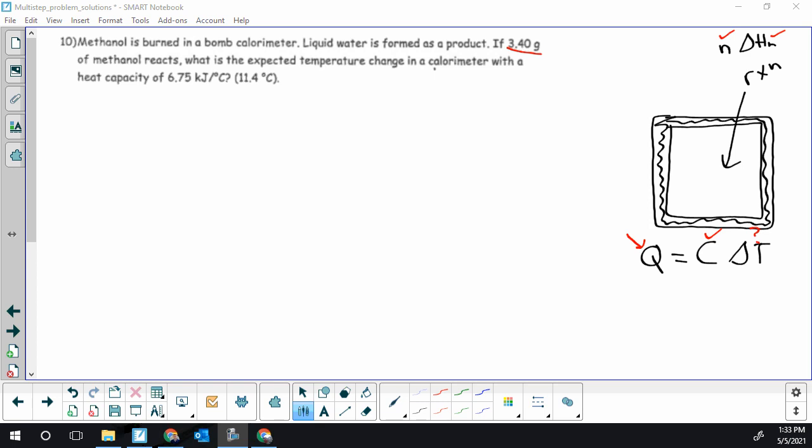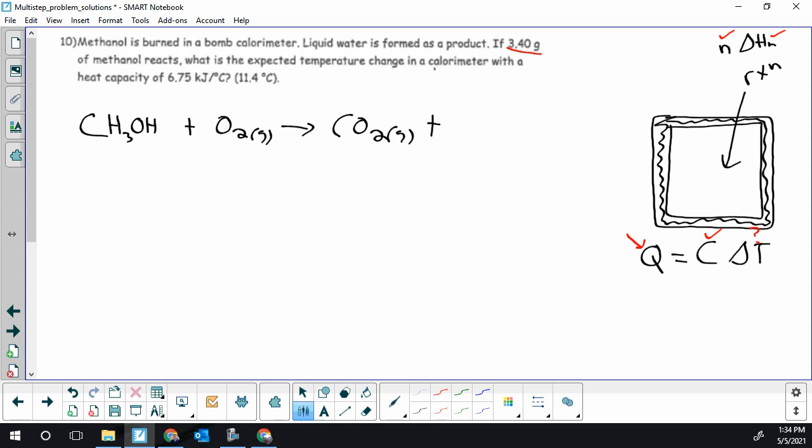So I'm going to get started with the balanced chemical equation, delta H, molar enthalpy. So we have methanol that's reacting or combusting in this calorimeter. So methanol is one carbon with an OH. It's going to react with oxygen gas. It's going to produce CO2 gas.